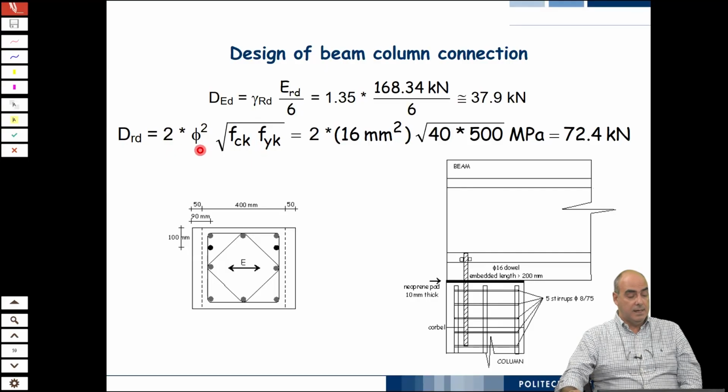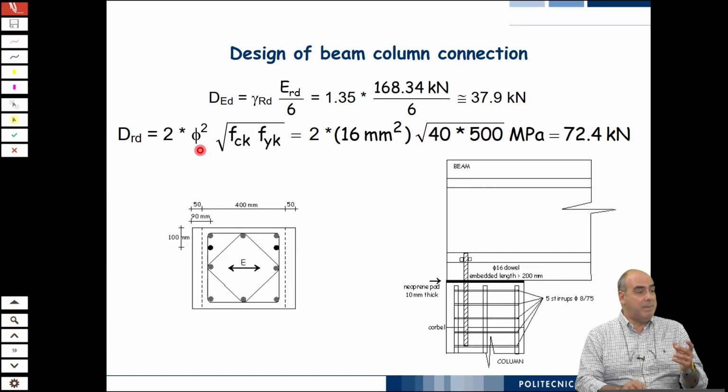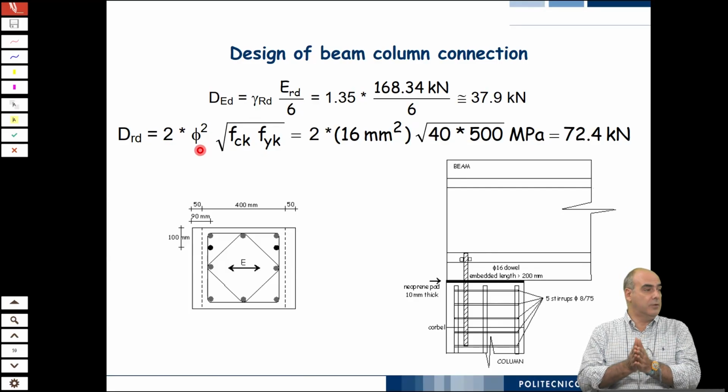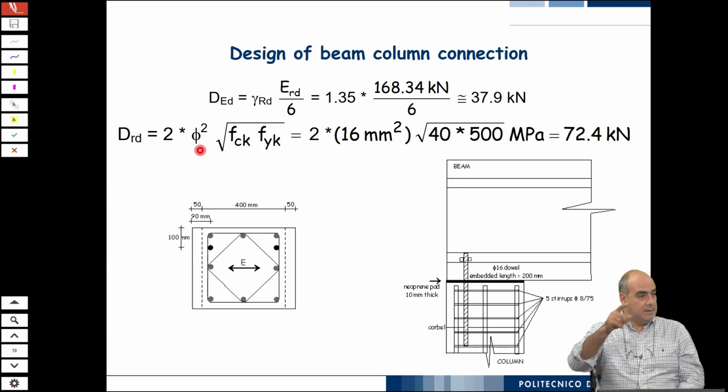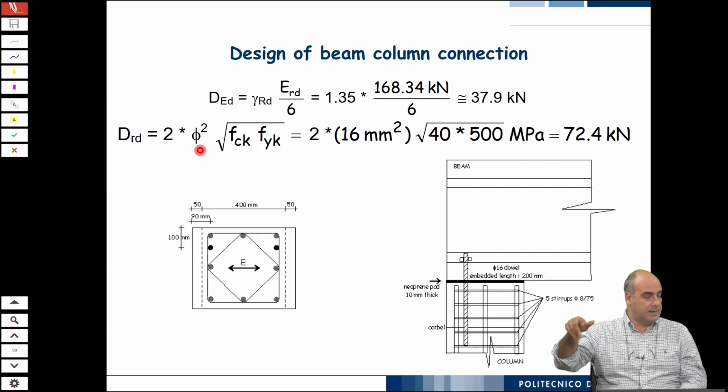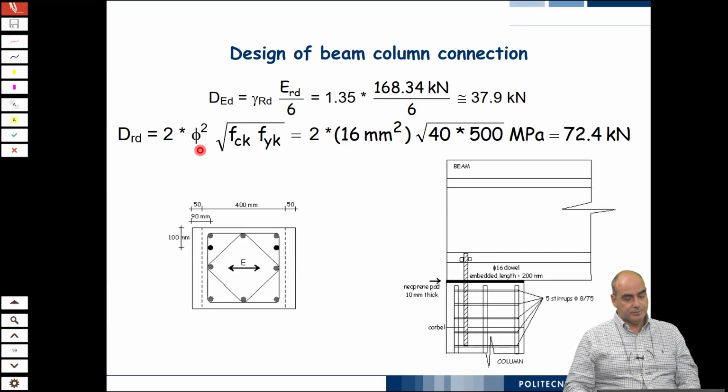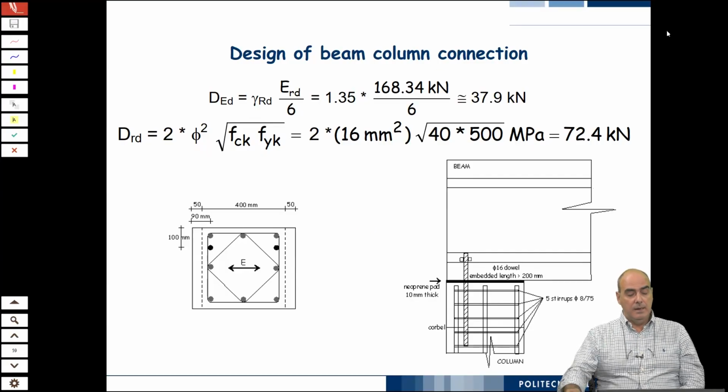But you see, it depends on the square power of the diameter of the bar. Yeah, because it depends on the plastic bending moment of the bar. And the plastic moment of a circular bar is pi divided by 32 times phi squared and so on.